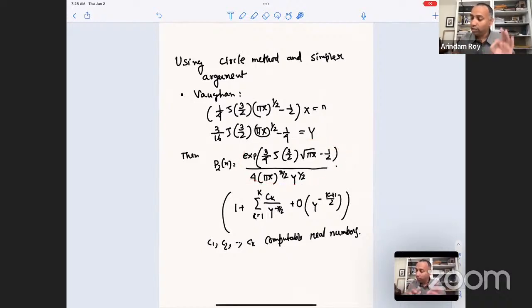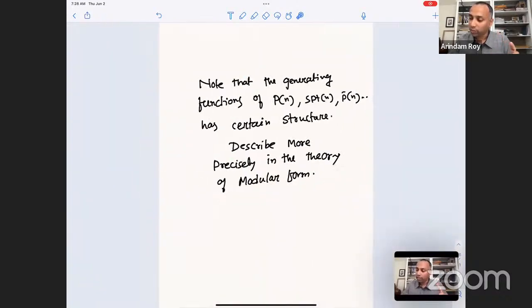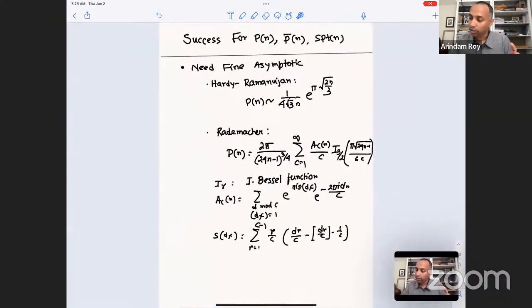And then the important thing is noticeable. Then you have 1 plus the sum for k equal to 1 to capital K of ck over capital Y, and capital Y, let's say, looks like a root n. So basically Y to the power k over 2 plus big O of Y to the power minus (K plus 1) over 2. So my point is here, as I was mentioning in the case of the partition function, let's go back quickly.